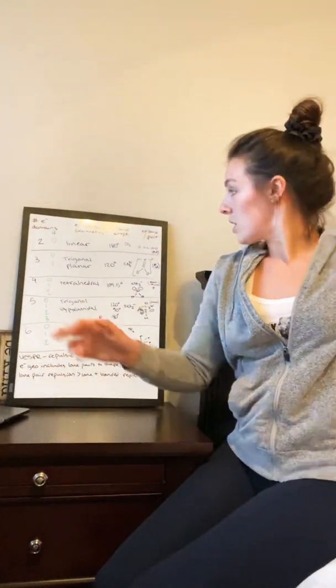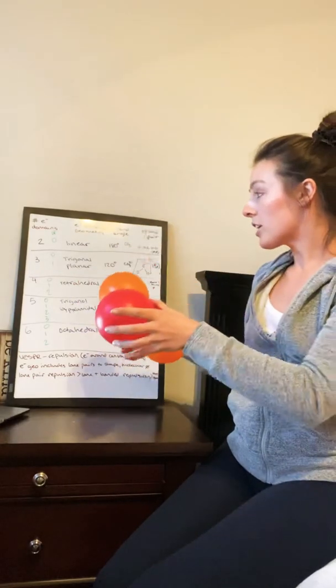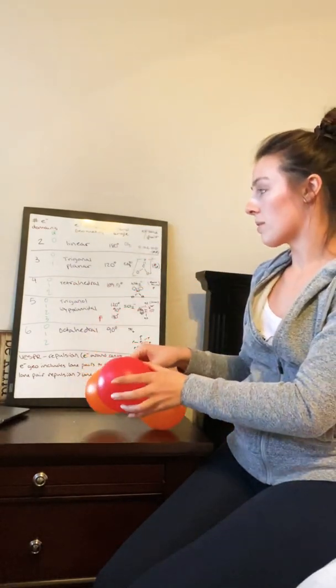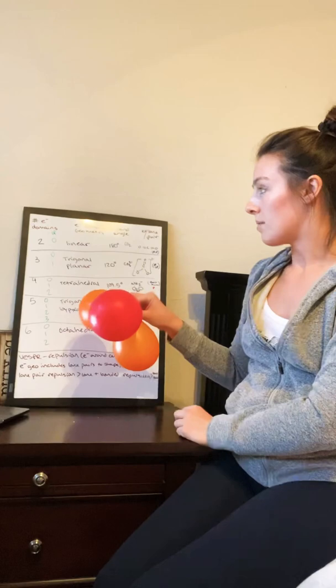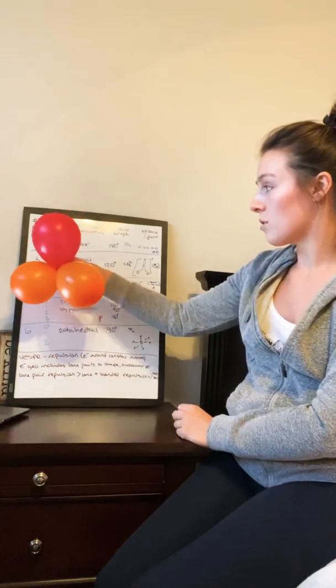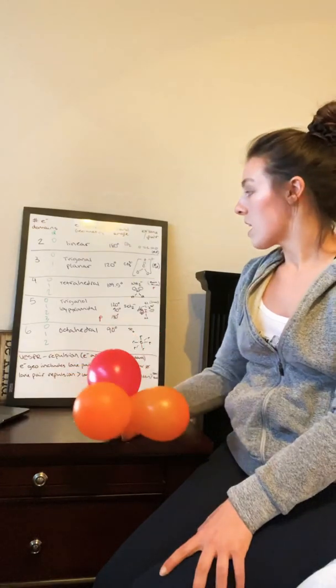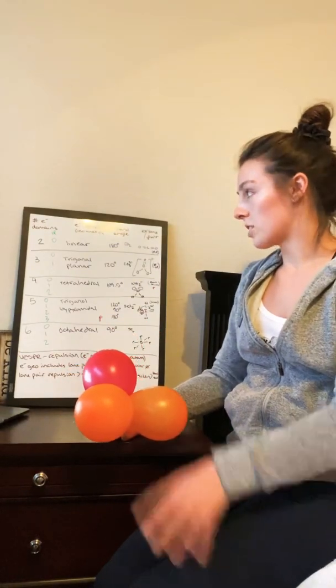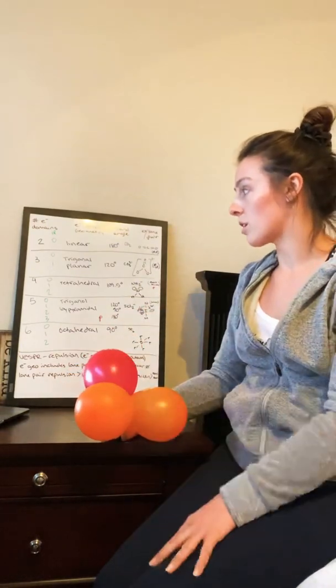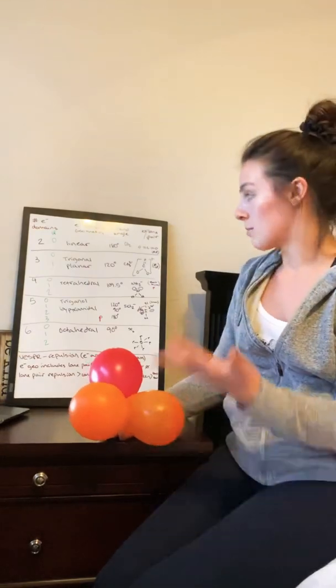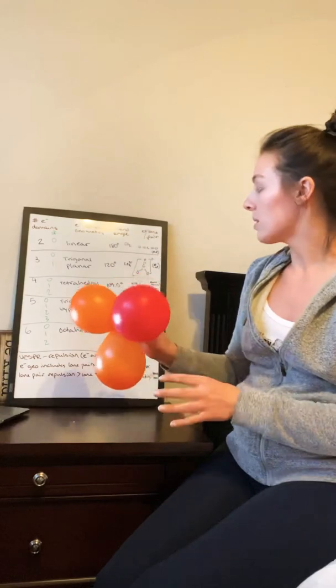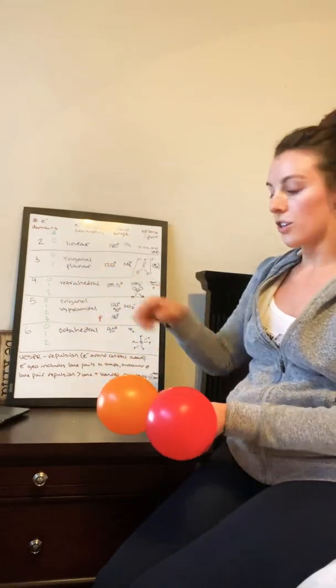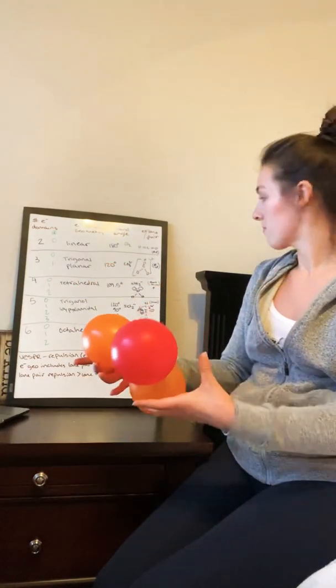So for trigonal planar, this is going to be 3 electron domains, and it could have 0 lone pairs of electrons, or it could have 1 lone pair of electrons. Since we're including electron domain geometry, it could have either and it would still work. So this is our example. These bond angles are going to be 120 degrees from each other.